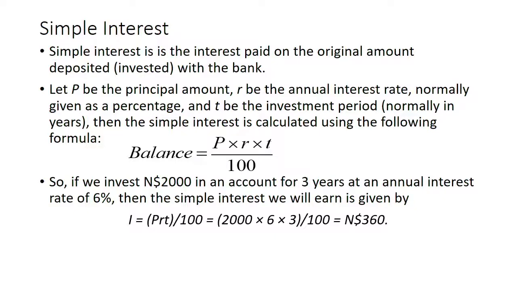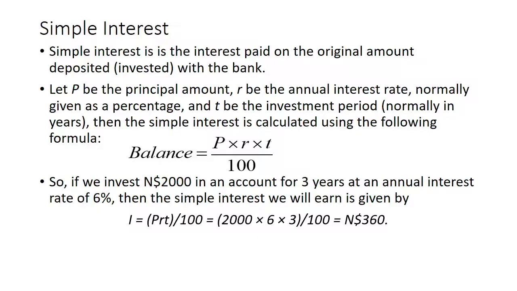So we have PRT over 100. Our P is 2,000, our R is 6, and our T is 3. We divide that by 100 and we get 360. This is the interest that we will have earned after 3 years.